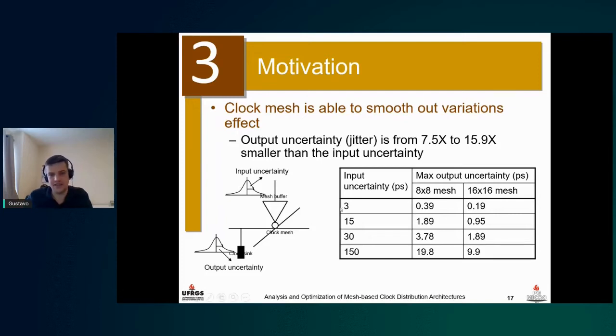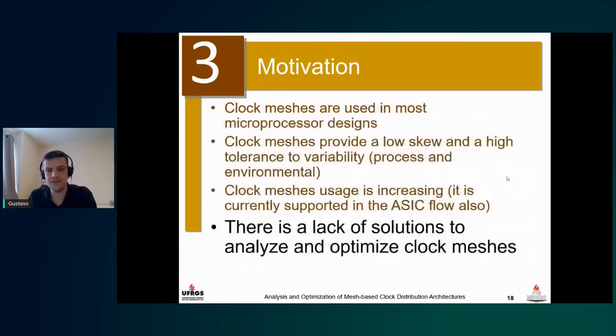We can read the table as follows: if we apply an input uncertainty of 3 picoseconds for the clock delay at each one of the mesh buffers, this is going to be the output uncertainty for an 8x8 mesh, and this is for the 16x16 mesh. So again, we can see the huge benefit in terms of performance of a clock mesh.